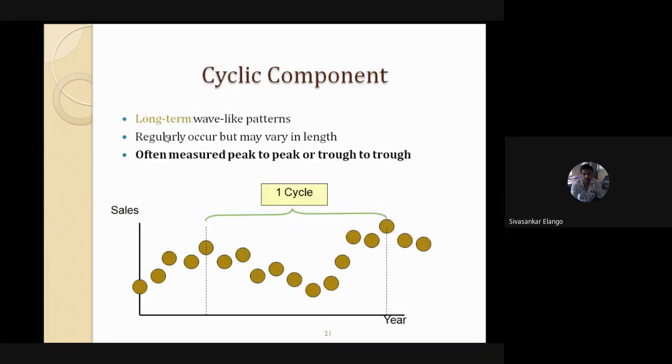Then the other component is going to be the cyclic component. So cyclic component, or long-term wave-like patterns. It is often measured peak to peak or trough to trough. So short-term wave-like components are known as seasonal components, and long-term wave-like patterns are known as cyclic components.